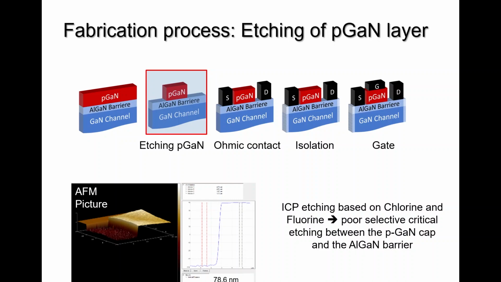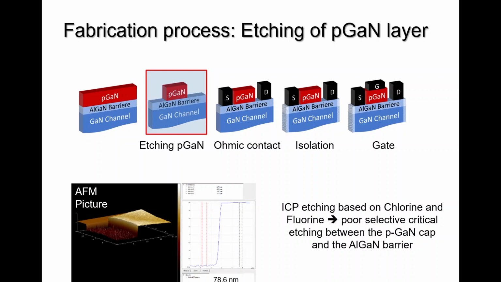We have to mention that this is not a trivial solution. The ICP etching here, as you can see, has very poor selectivity between the P-GaN and the I-GaN. So it's very tricky because you cannot etch too much of your barrier. You don't want to etch your barrier at all. Otherwise, you impact the on-resistance and the 2DEG.